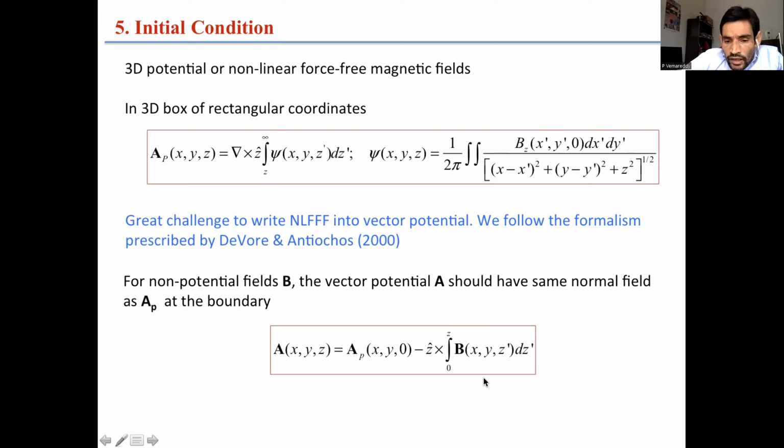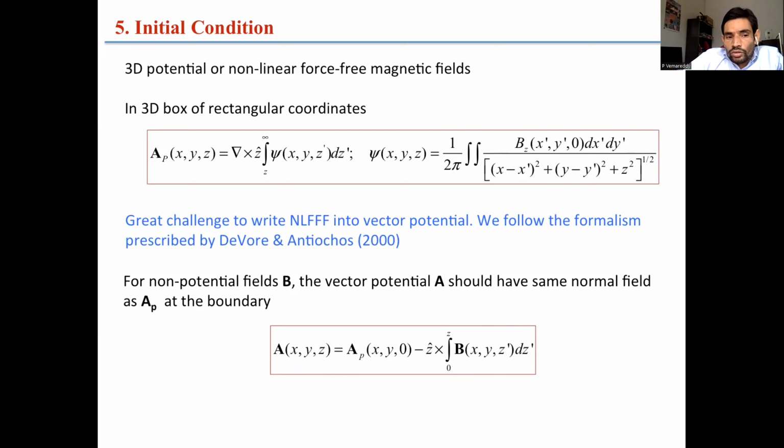In that case we can construct the vector potential A with this expression, where B comes from the given model, either nonlinear force-free field or linear force-free field approximations. These two we can use as the initial condition.